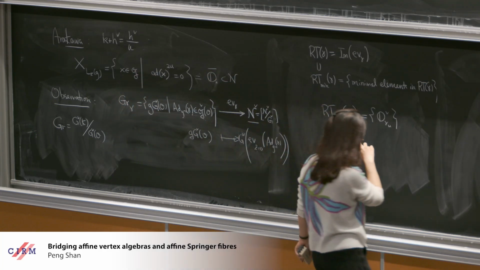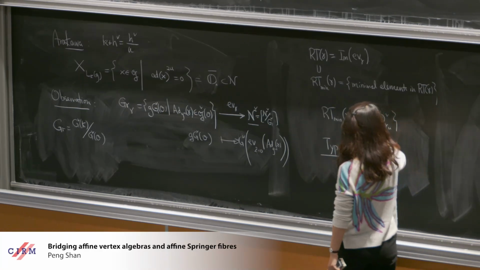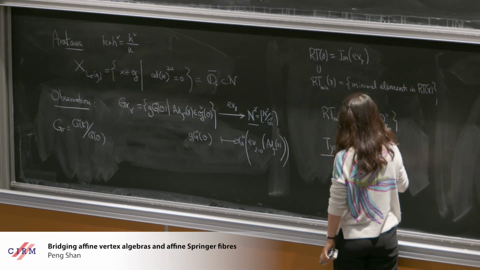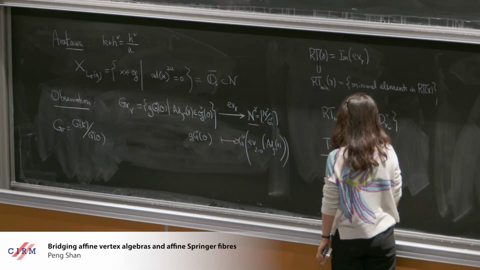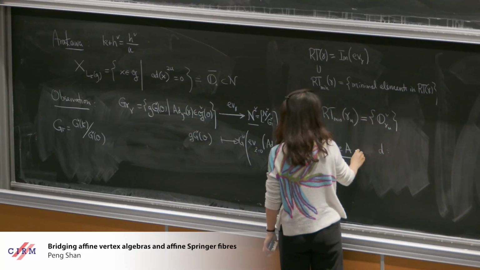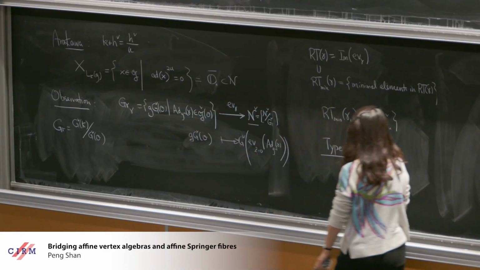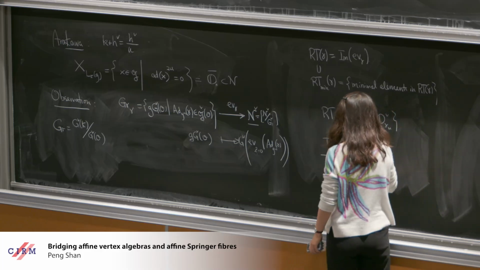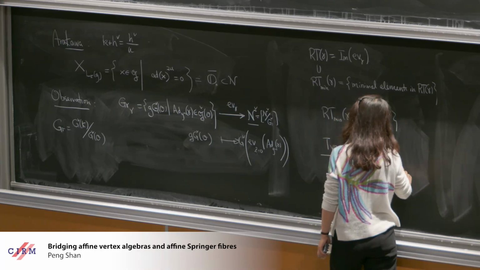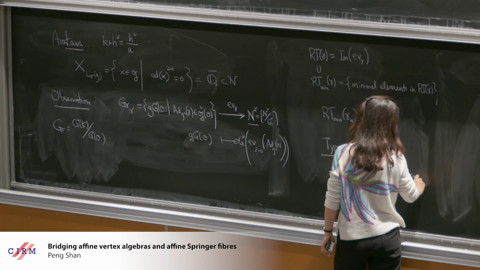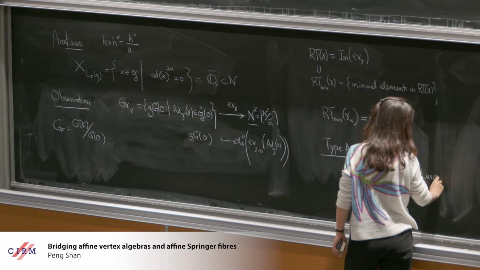So the observation is that, okay, there's a so-called Barbasch-Vogan-Lusztig-Spaltenstein duality map.